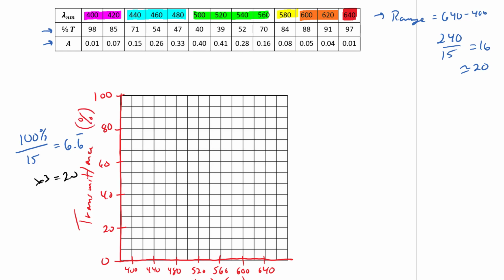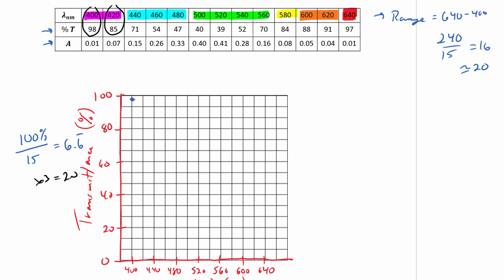Let's now plot that data. We're going to use these ordered pairs, and so on and so forth. We have 400 and 98, way up there, close to 100.